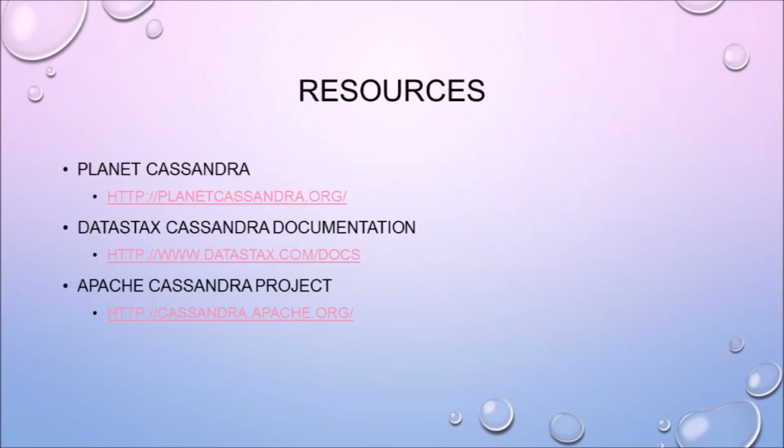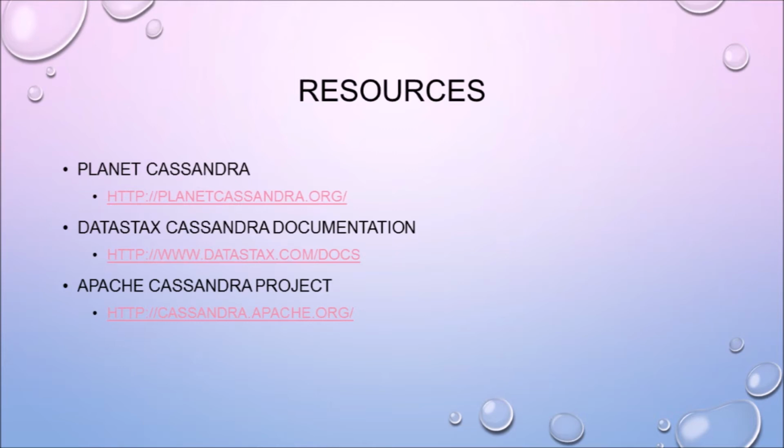So here are some resources. If you're new to it, or if you're already familiar with it, you probably know all these things. The number one resource is planetcassandra.org, where you can get input from the open source and the paid community. Cassandra is actually primarily built and maintained by DataStax.